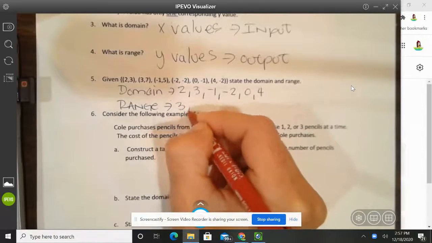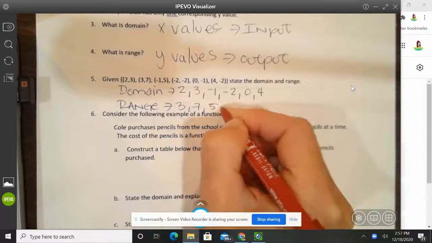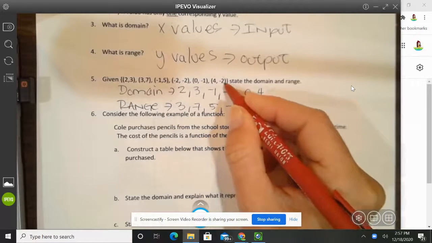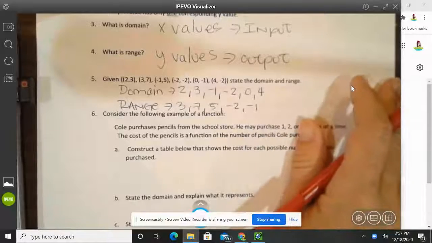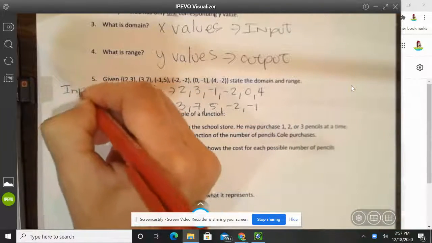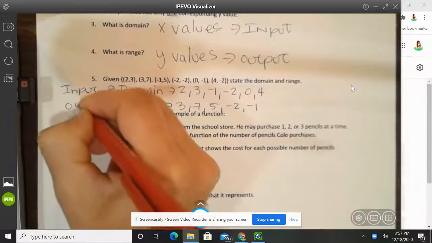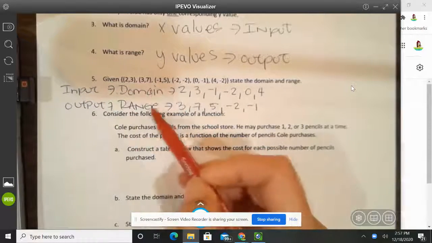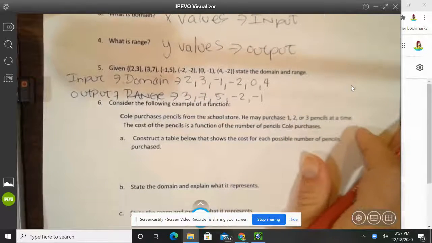That's 3, 7, 5, -2, -1. And there's another -2, which I'm not going to rewrite. Now, remember, this is my input. This is my output, which is the same thing as this is my domain, my range, and that's how we call that in a function.